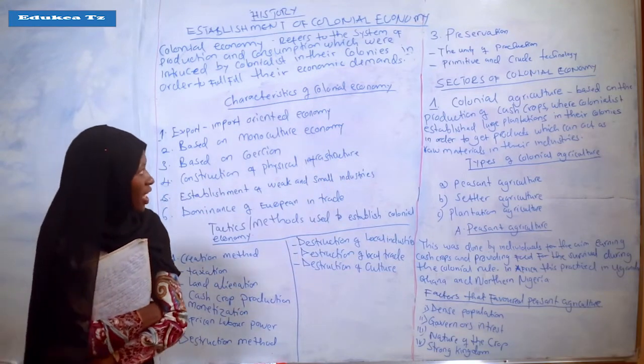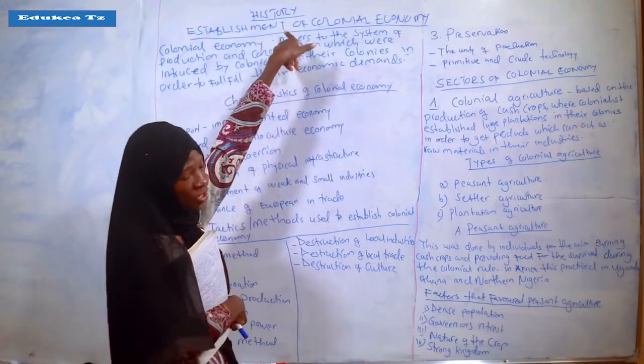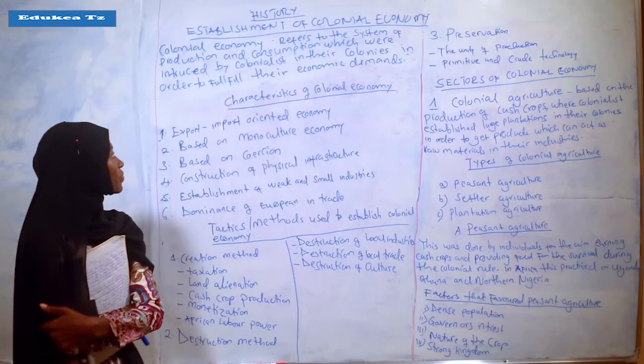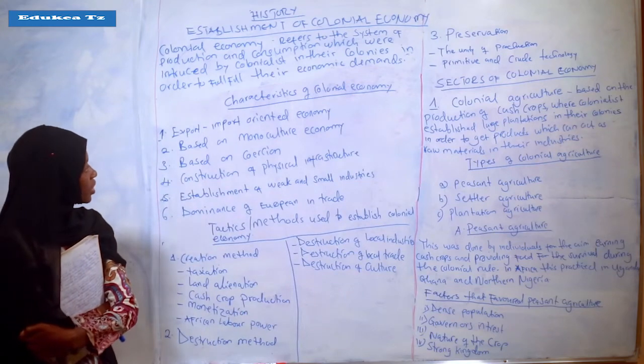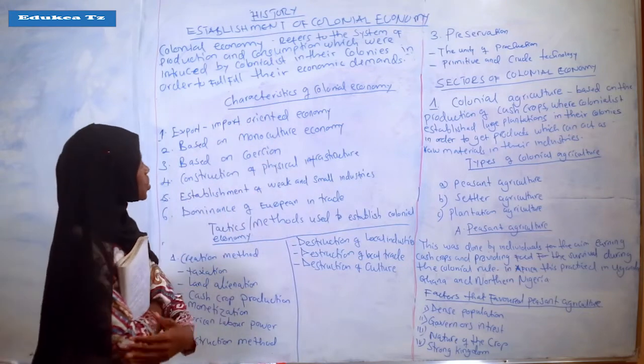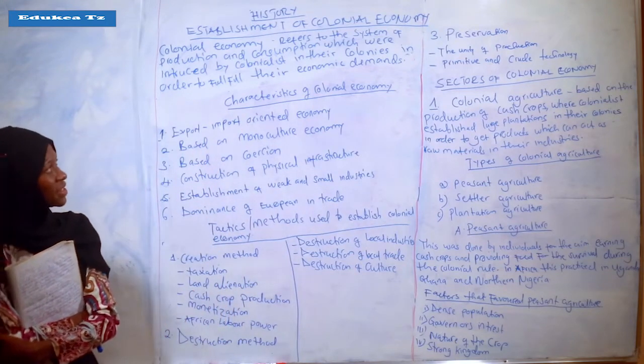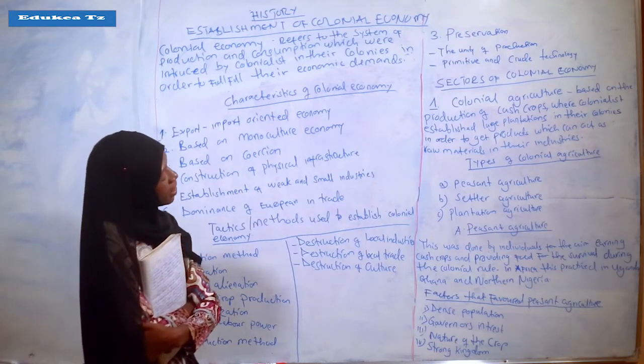The major aim of the coming of the colonialists was to establish the colonial economy. And their demands at that time were raw materials, markets, and so on.